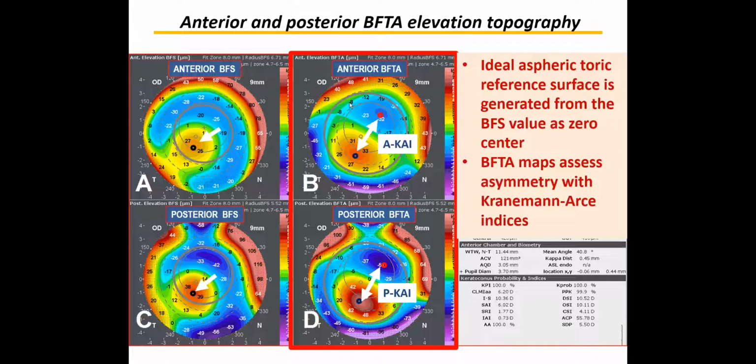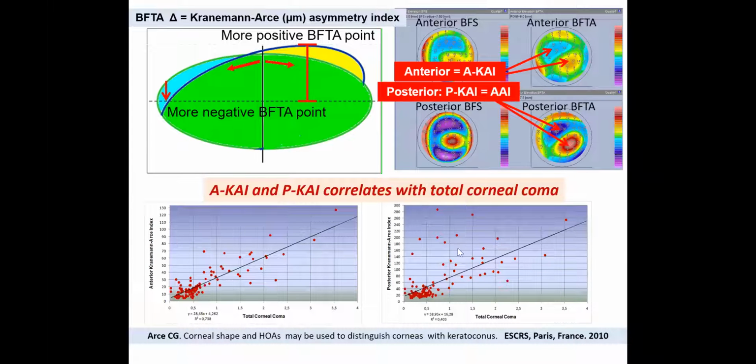Probably the reason why some devices don't have a good best fit toric ellipsoid or best fit toric aspheric index is because they are aligning the data to the peak of the mountain, to the apex, and not to the pupil or to the Purkinje.